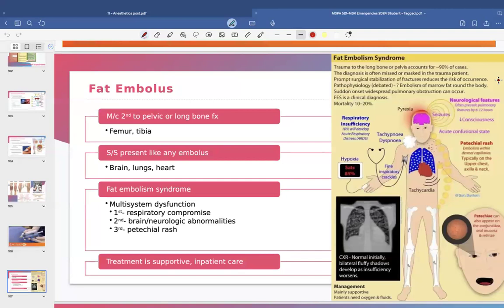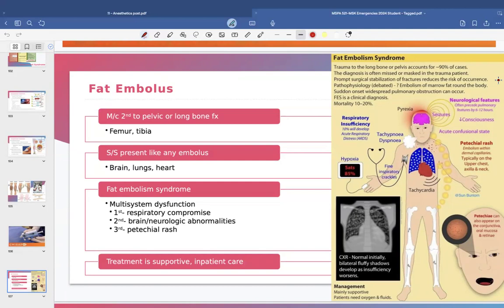When you think of long bones and they break, you gotta be concerned with fat emboli. A lot of them are concerned with trauma, especially with femur fractures. The fat embolus could travel up towards the lungs. It can present in the lungs, it can present going towards the brain, the heart.